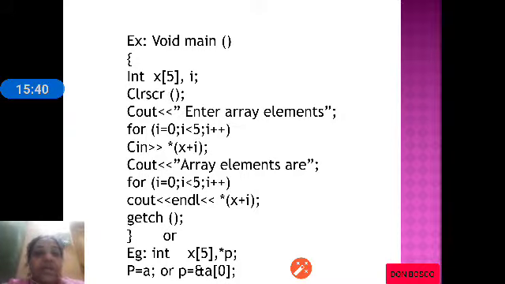Or you can do it with the other statement, p = &a[0], which also gives the address of the first element, which will be assigned to variable p. Or simply you can give p = a, where a stores the base address and that will be assigned to p.